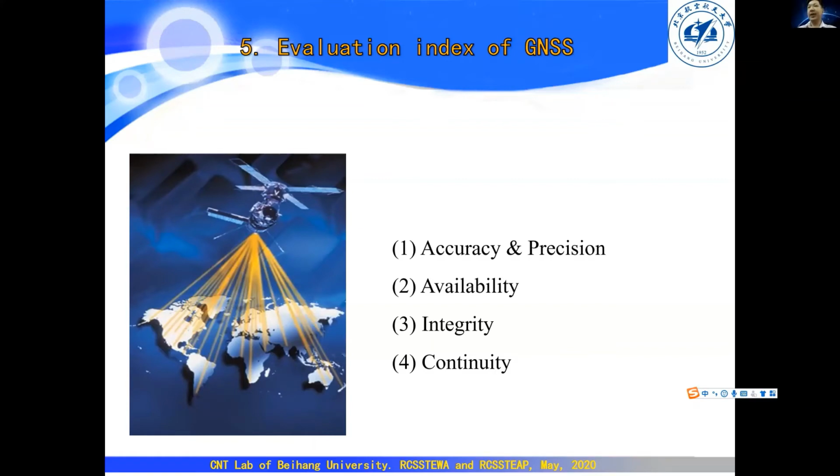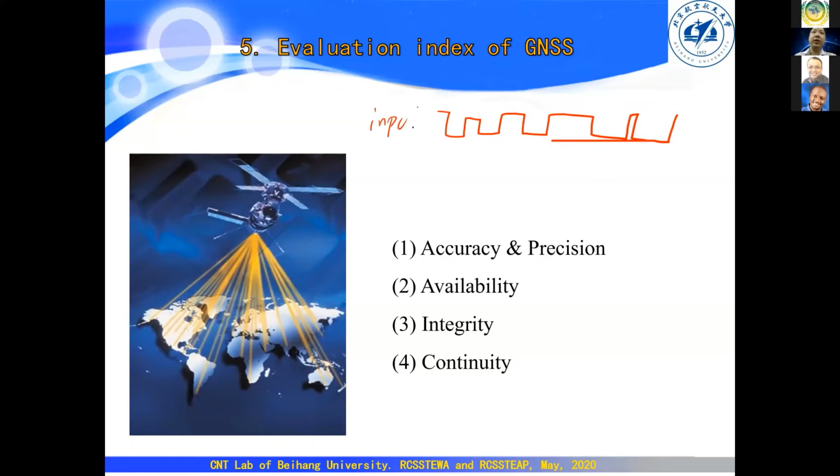Yes. I will draw something. I think you can see it. For example, this is input PRN code. For example, this one. And this is, for example, the input. And if you want to search the code, for the PRN code, only when these two are exactly matched, you will get a peak.